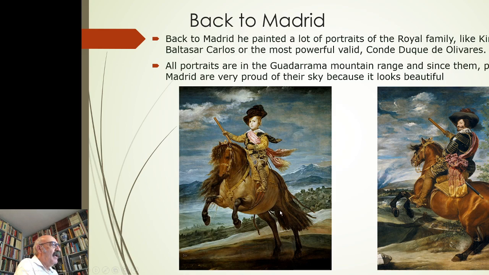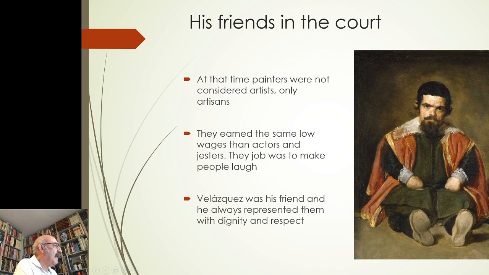Can you see how fat this horse is? It is so because the painting was destined to be above in an elevated position. And this was the prime minister, Conde Duque de Olivares.